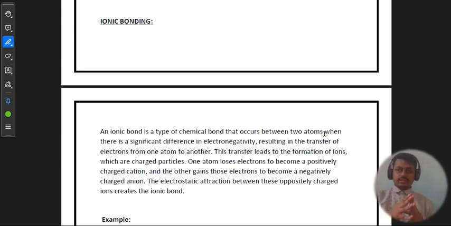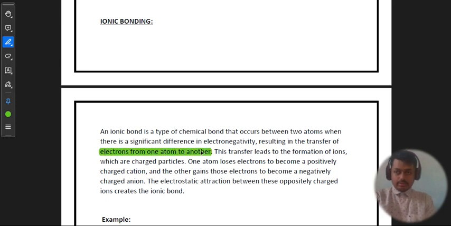Now if we look into the slide, we can see that an ionic bond is a type of chemical bond that occurs between two atoms when there is a significant difference in electronegativity. Very important point: because there is a complete transfer of electrons, it is very obvious that one electronegative element will want to get one electron from a less electronegative atom, resulting in the complete transfer of electron from one atom to another.